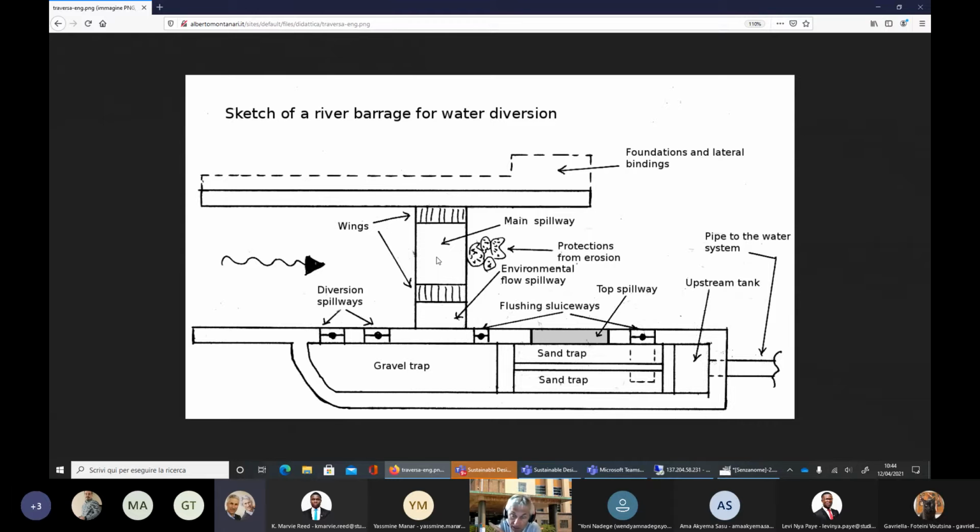So when the slopes are very steep, it's advisable that the structure is not much developed in the across river direction. It is advisable that the structure is developed in the along river direction or longitudinal direction.